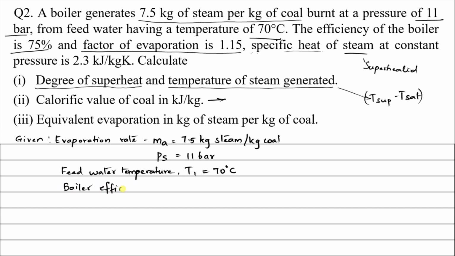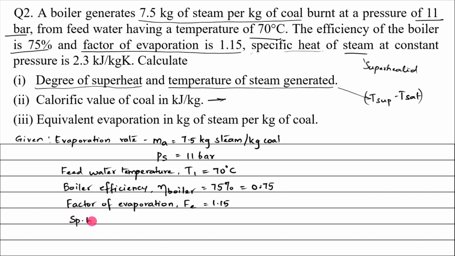Then the boiler efficiency is given as 75 percent, which I can also write as 0.75. Then I am given the factor of evaporation, denoted by F subscript E, and that is given as 1.15.